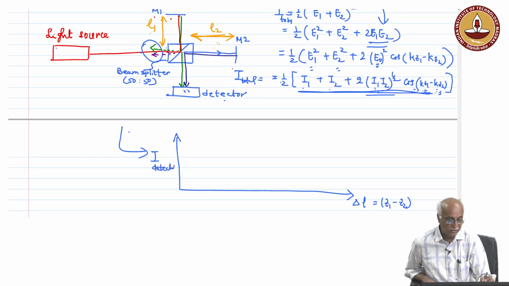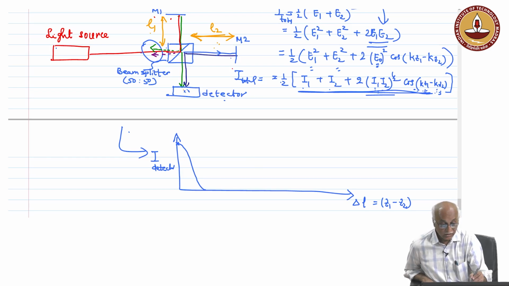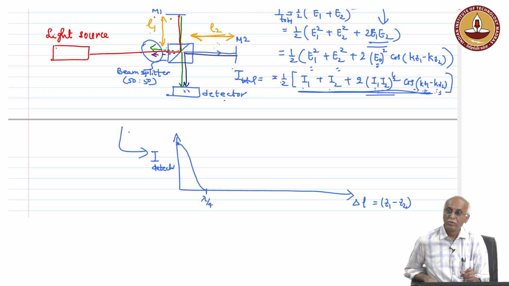It changes: when Z1 and Z2 are equal, we will see maximum intensity, and when it is out of phase, when the difference in path length becomes lambda by 4.